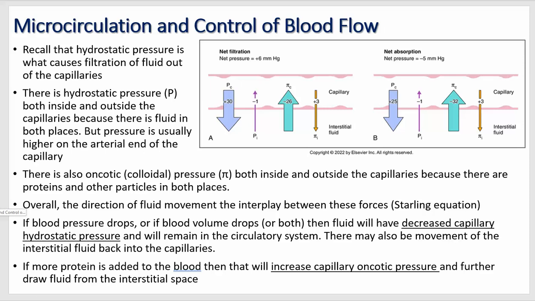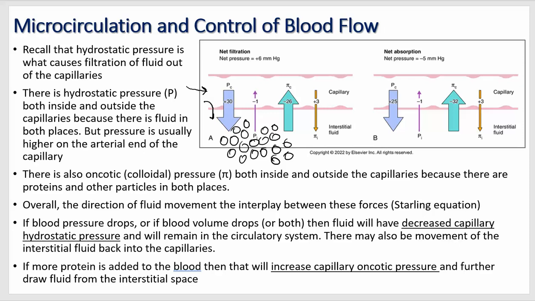And we've already talked about how pressure through the capillaries can cause fluid to move out and feed all these cells. So the cells are all sitting out here. That's our interstitial fluid, the fluid between the cells. Interstitial means between the cells.